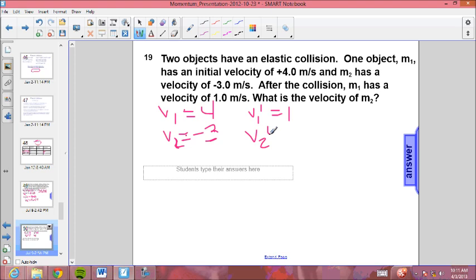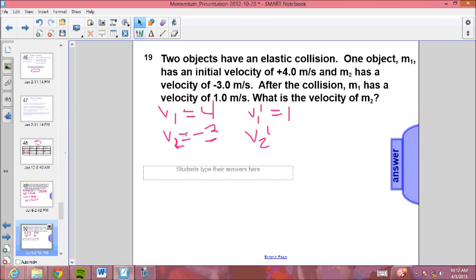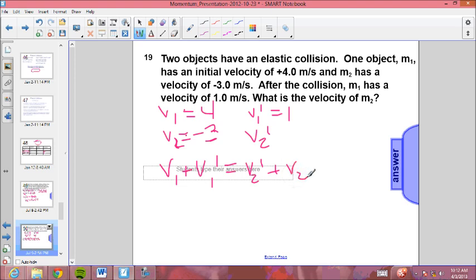So V1 plus V1 prime equals V2 prime plus V2. Now if we want to get V2 prime by itself, we've got to subtract V2 from both sides.